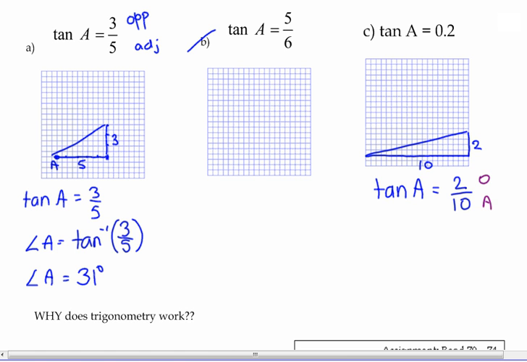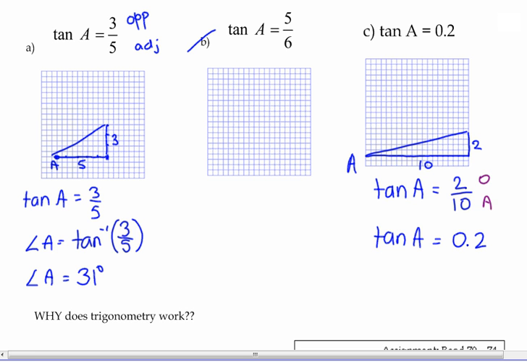And there's my angle A. You should have 2 is opposite, 10 is adjacent. Okay, so sometimes your ratio can be disguised as a decimal, but it still is the same thing.